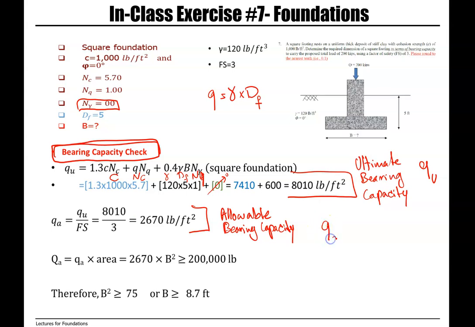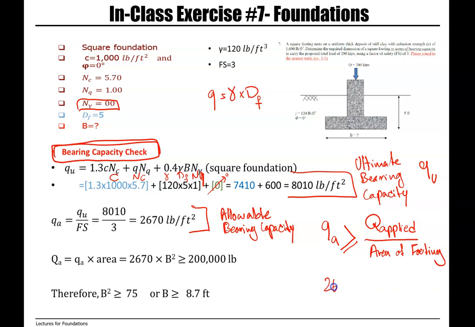So this is how much we are allowed to apply, which means that the load applied divided by area of footing should be equal or less than this number.